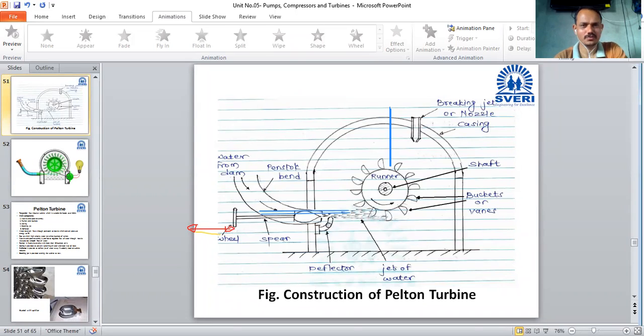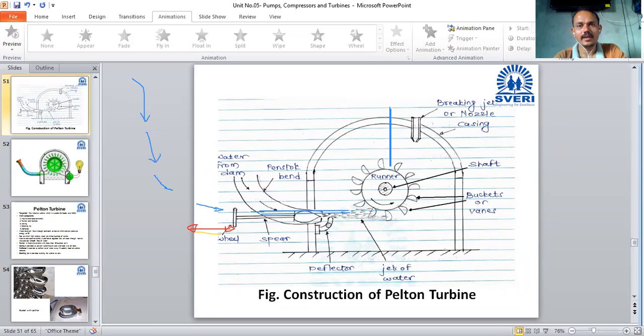Now working is very simple. Now I think you have idea about the working. Water comes from the dam in this direction. So here pressure energy is converted into kinetic energy. Again, if some pressure energy is available with the water, that small amount of pressure energy is again converted into kinetic energy.